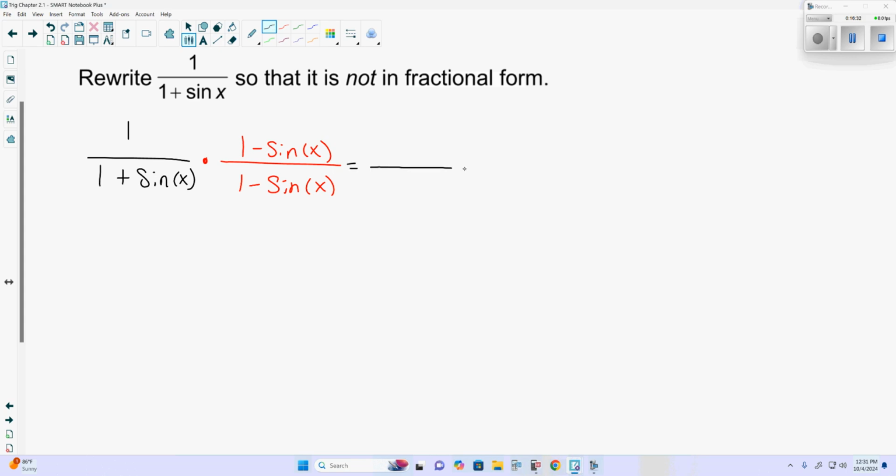Because what that will do is the numerator is nice. 1 times 1 minus sine is 1 minus sine of x. The denominator, 1 plus sine of x times 1 minus sine of x, would be what? Because really what we're doing is 1 times 1, which is 1. 1 times negative sine is negative sine.